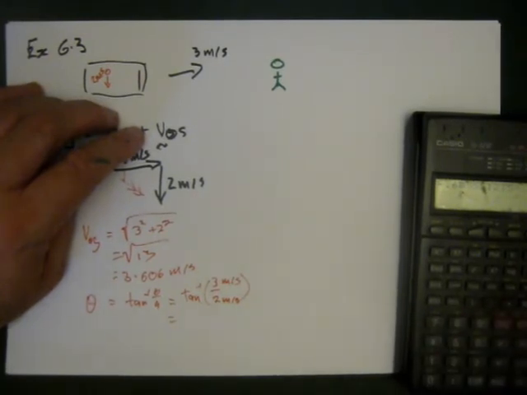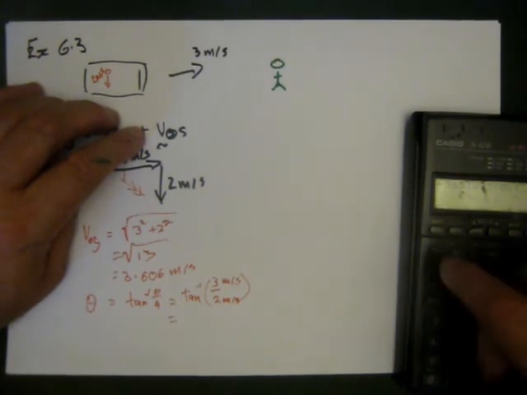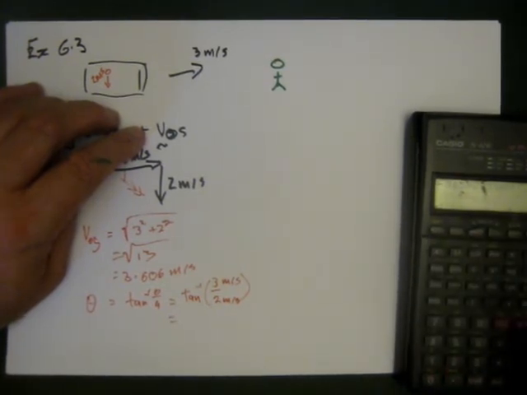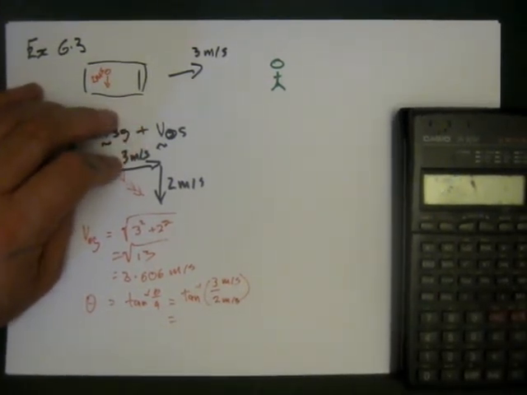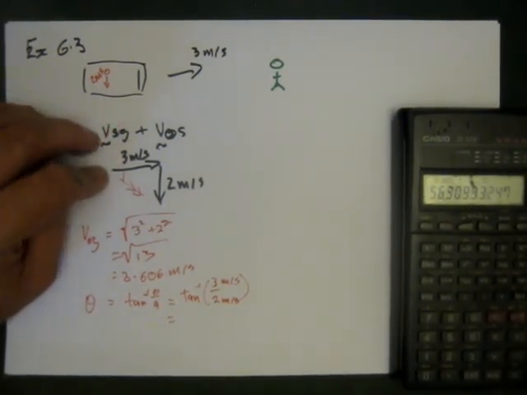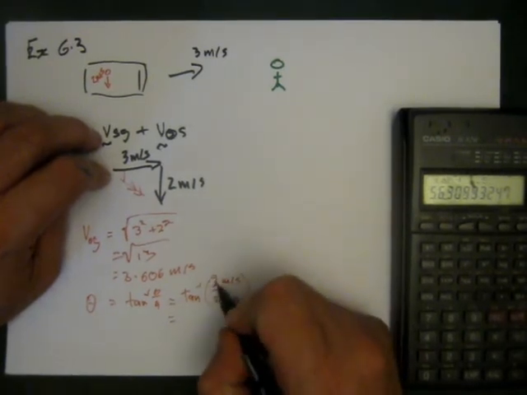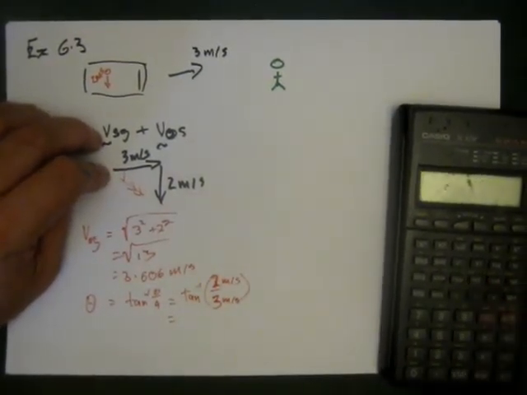Equals tan inverse of 1.5 equals 56, okay, wrong way around. Opposite is 2, adjacent is 3, that looks better.